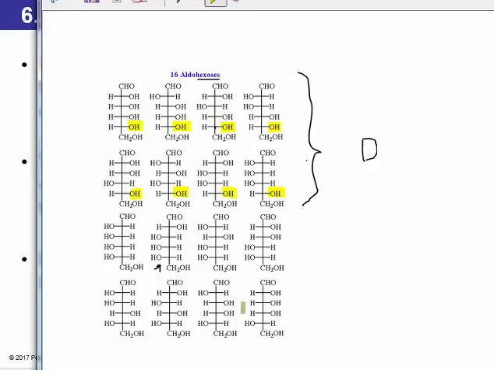And then the bottom 8 on the slide are the mirror images. The mirror image of this D sugar is this L sugar right here, and the mirror image of this D sugar is this L sugar. So the L sugars are designated by the hydroxyl group on C5 of the glucose isomers being on the left-hand side.